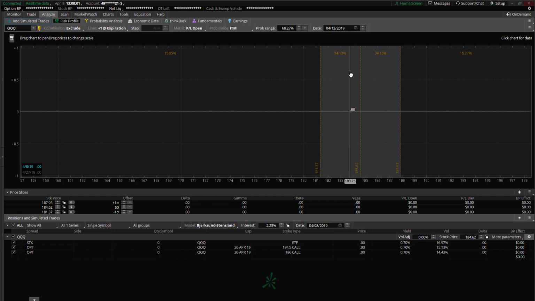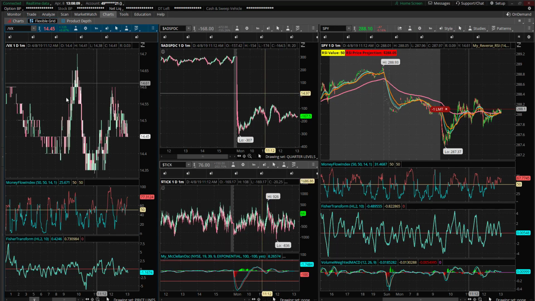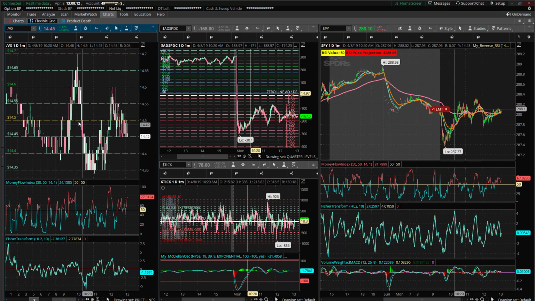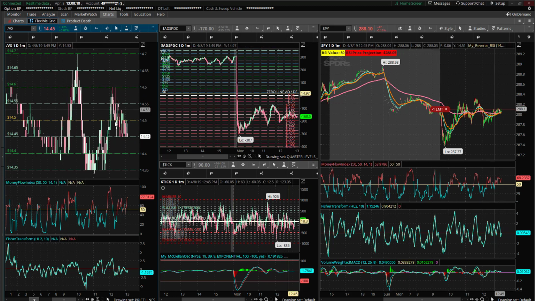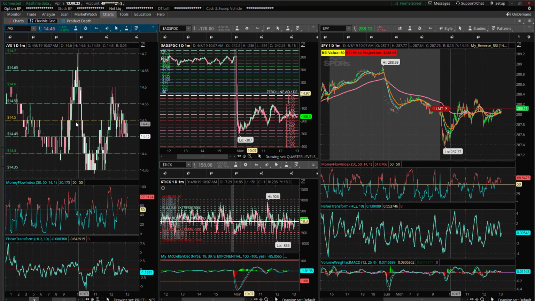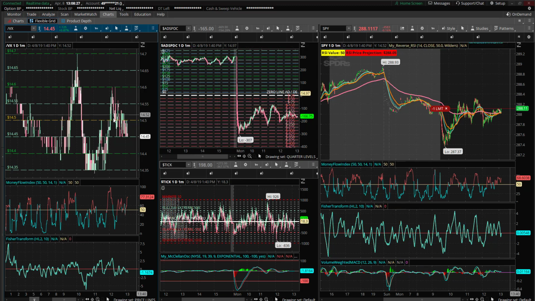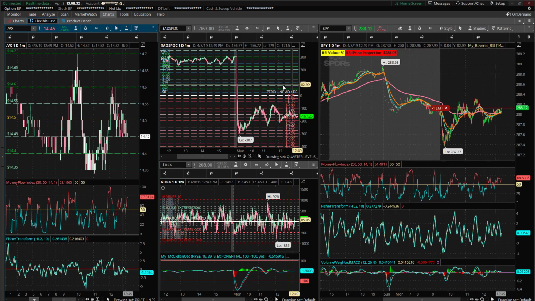Another thing that we can do with these price slices, I'll show you an example here. So this is my typical day trading setup. I had to go in and put these lines onto the chart because I wanted to see the VIX in these 5-cent increments. Instead of going through and drawing each of these lines using the drawing tools, I applied these lines to the chart by using those price slices.